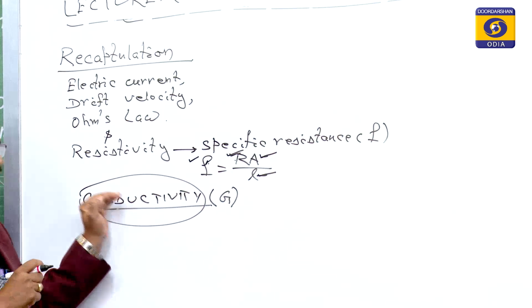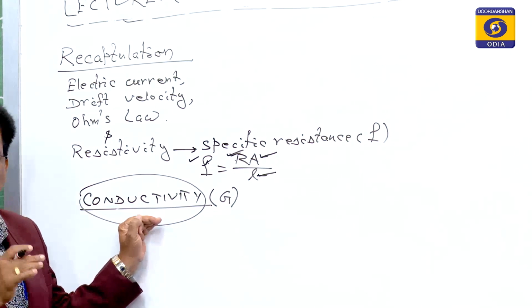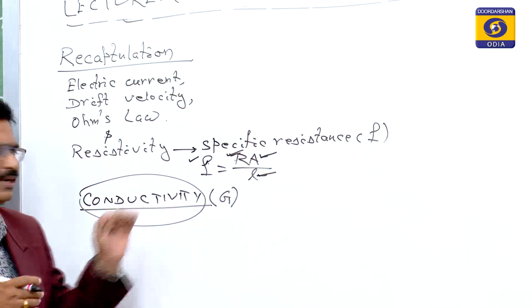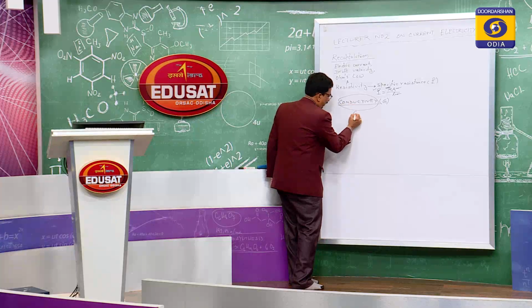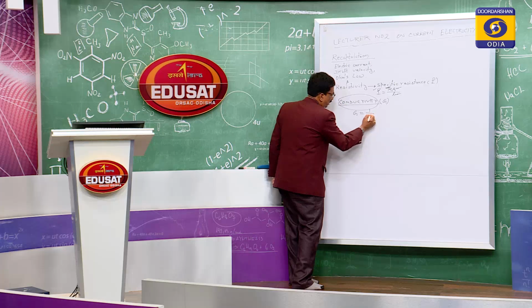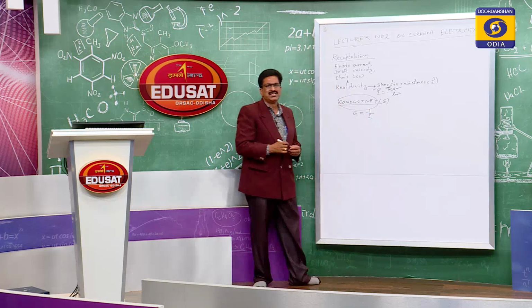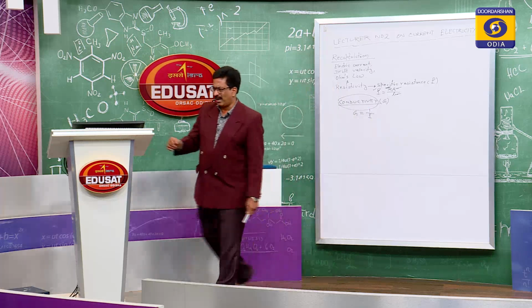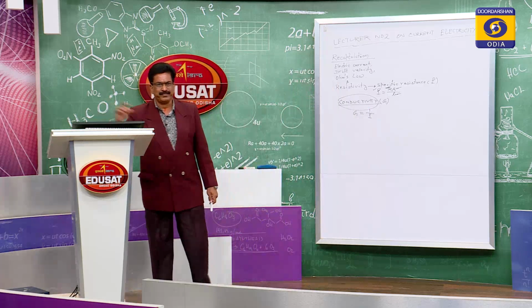A body which conducts more or less, according to that we will go for its conductivity. So, conductivity is equal to the reciprocal of the resistivity. Conductivity is defined as the reciprocal of the resistivity.